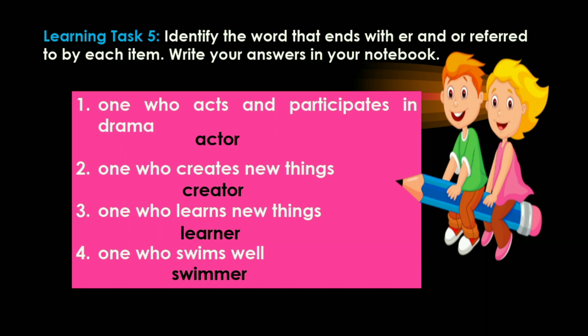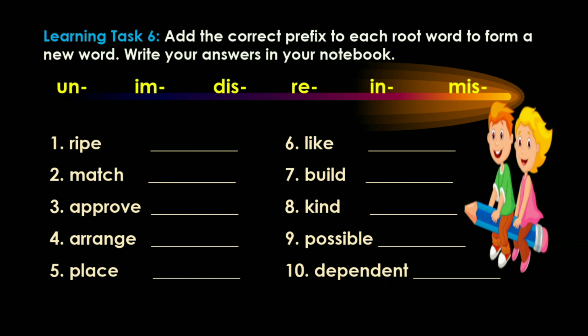Okay? So, let's move on to learning task number 6. In this learning task, you are to add the correct prefix to each root word to form a new word. Okay? So, let's try number 1. For number 1, we have the word ripe.